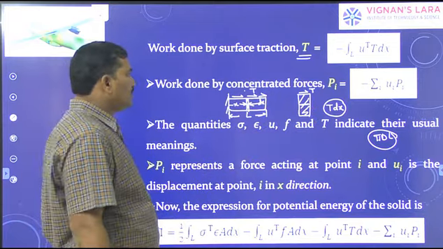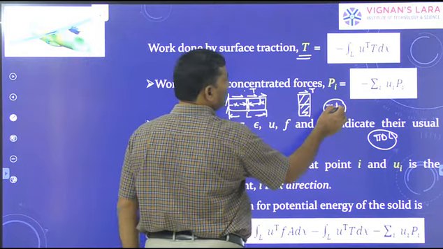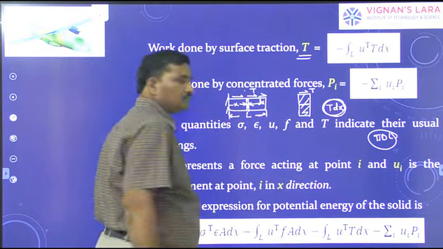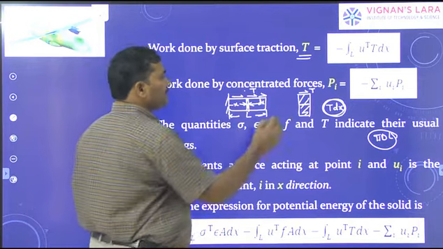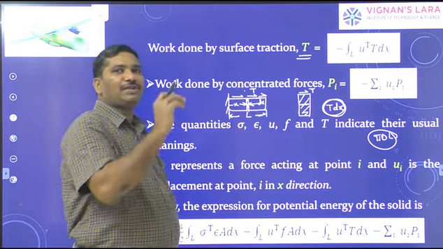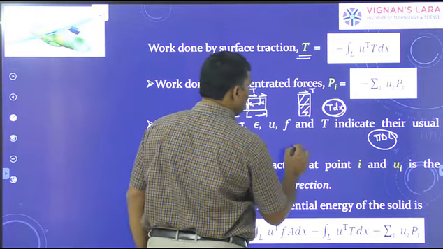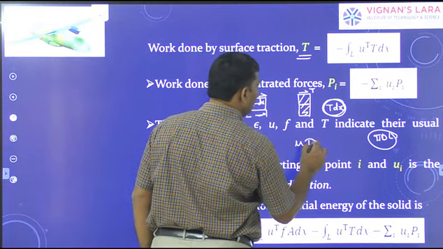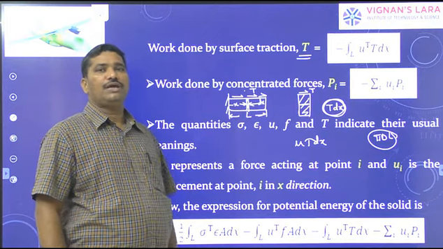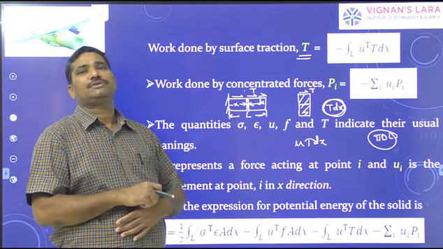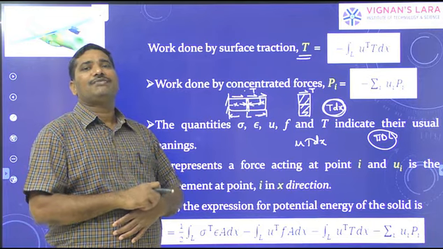Now, the work done by this traction, you have to determine. That is the work potential. How? Multiplying this by the displacement u. Therefore, the expression is u into T dx. But we know that u equals N q, where N is the shape function matrix.